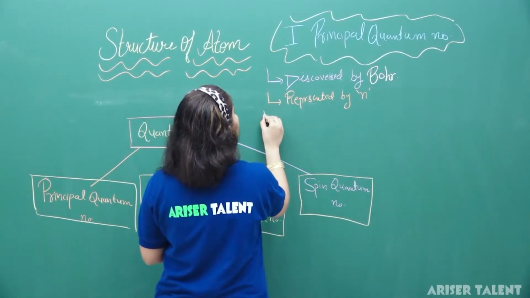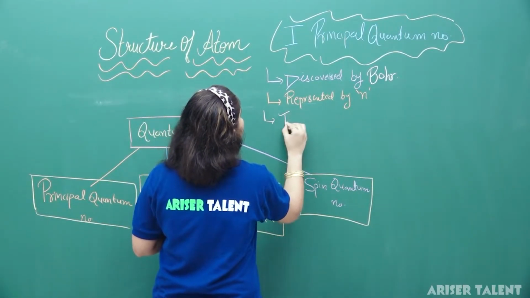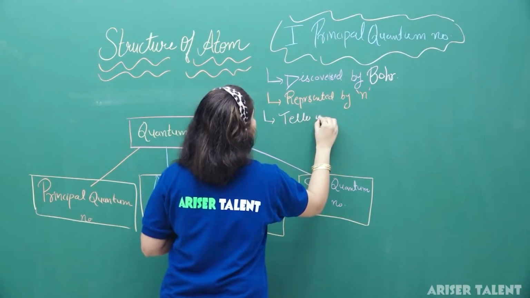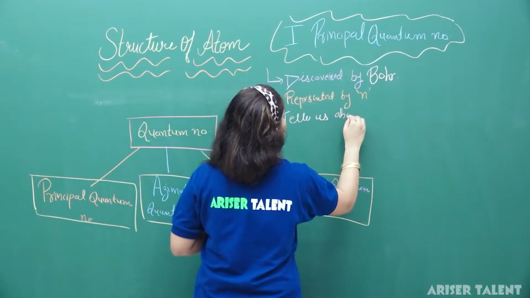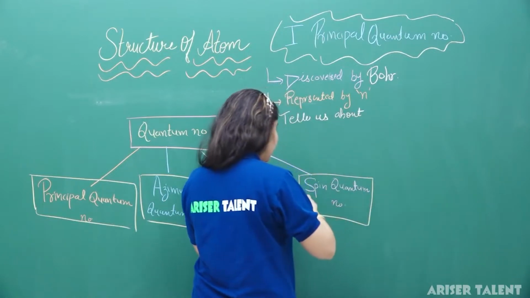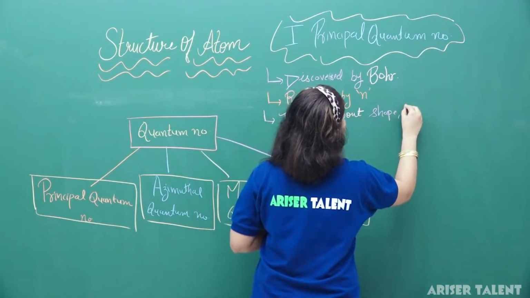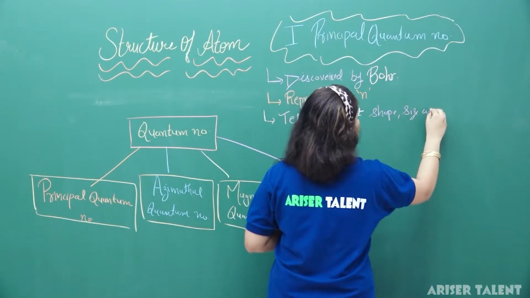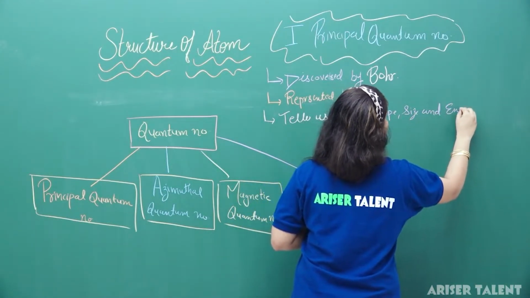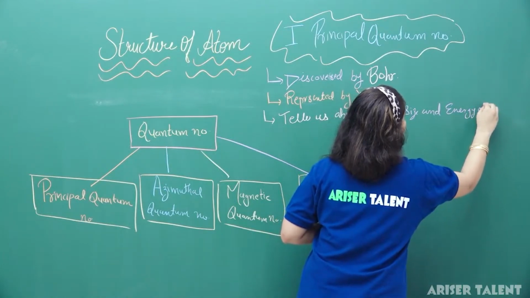What they are going to specify tells us about three things, that is, shape, size and energy of the shell.